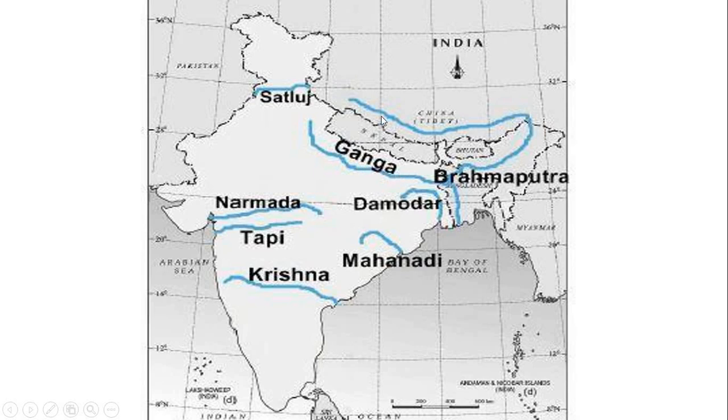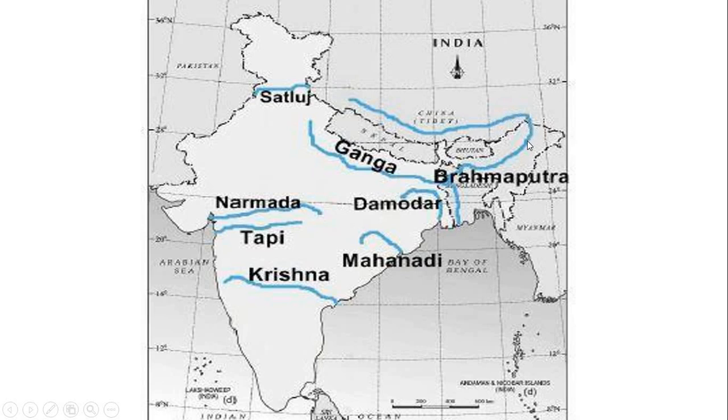If we talk about the Brahmaputra river, it originates from Tibet, and it is known by different names in different parts. Where it originates, in Tibet, it is known as the Tsangpo, the name of the Brahmaputra river in Tibet, and it enters India from here.